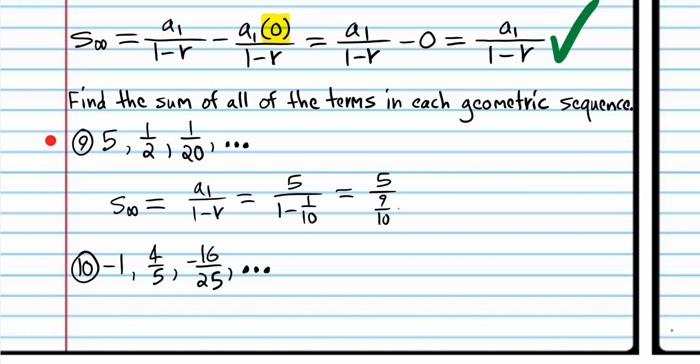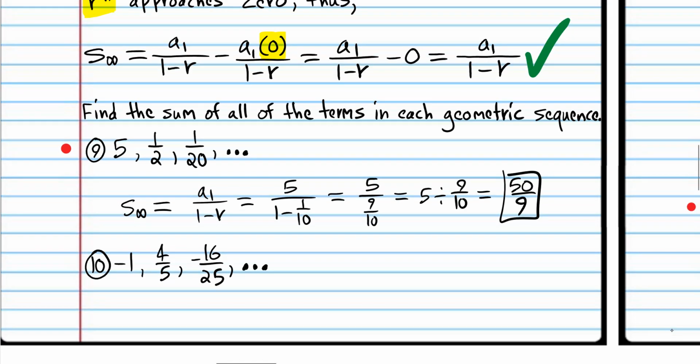The easiest, fastest way is to multiply both sides of the fraction by 10. But if that confuses you, you can just consider this fraction line to be a division operation. So we have 5 divided by 9/10, and that's just basic arithmetic. We get 50 over 9.